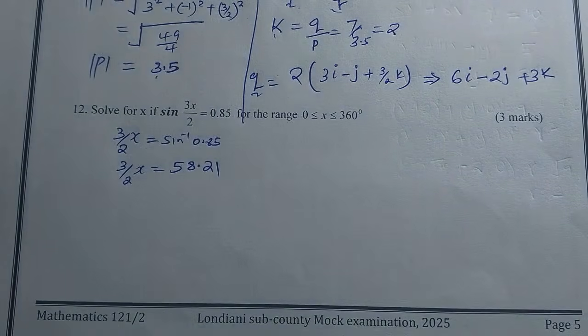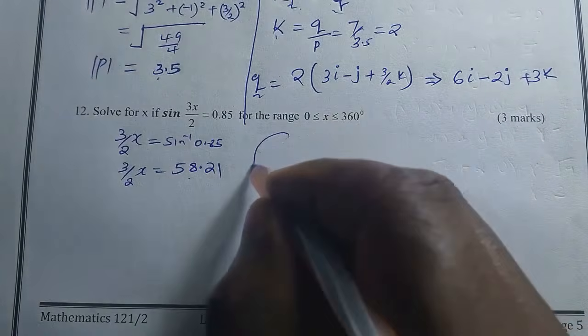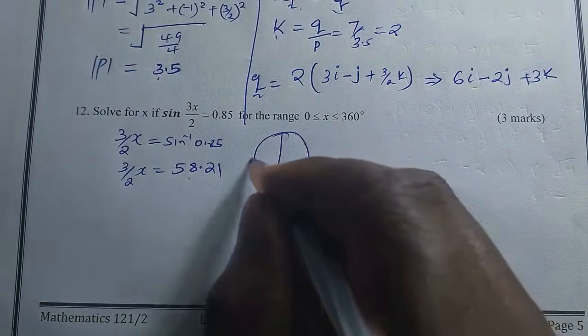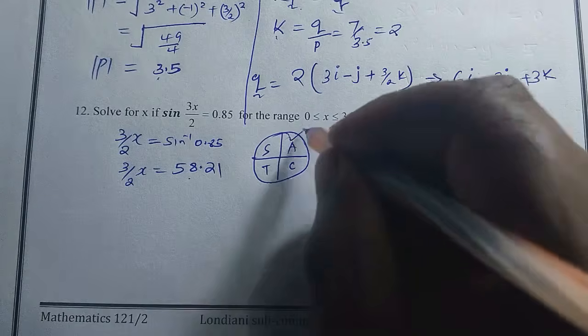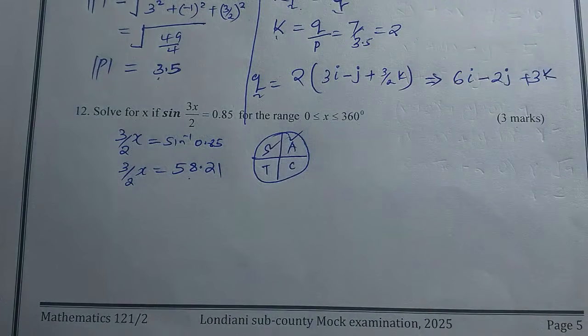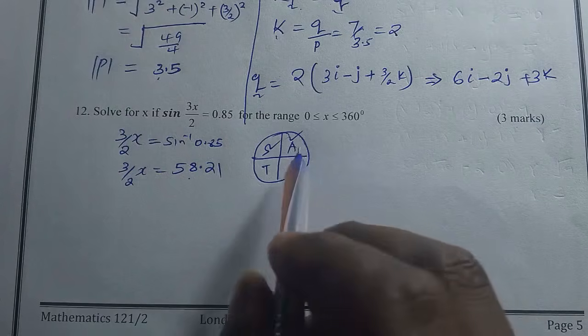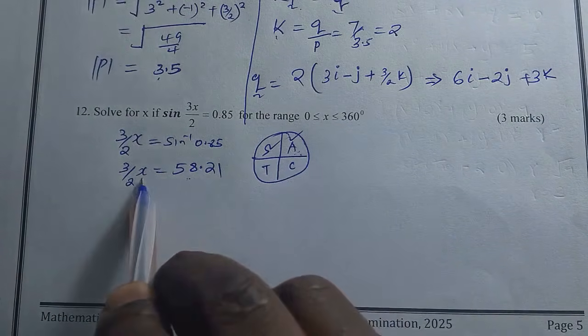So our angle is this one, and we are using the ASTC rule. So our angles are found in the first quadrant and the second quadrant where the sine is positive only. So when 58 is found inside here, we can get the value of x.